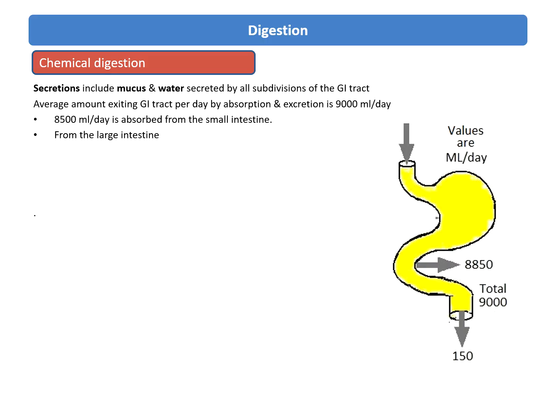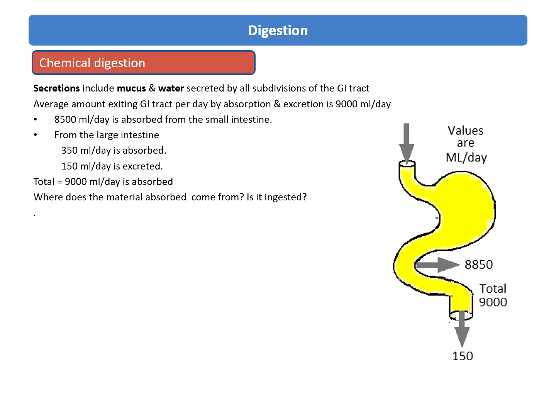From the large intestine, 350 milliliters a day is absorbed. 150 milliliters per day is excreted. Total, 9,000 milliliters a day is absorbed from the GI tract.